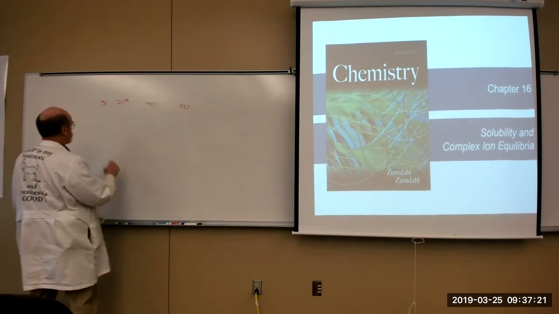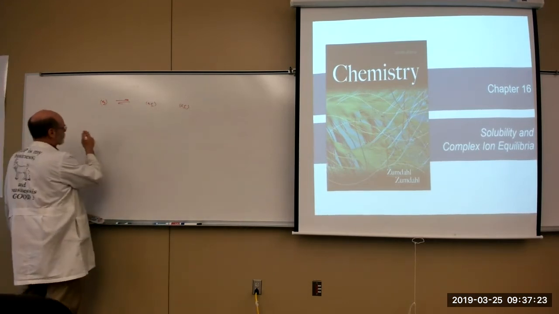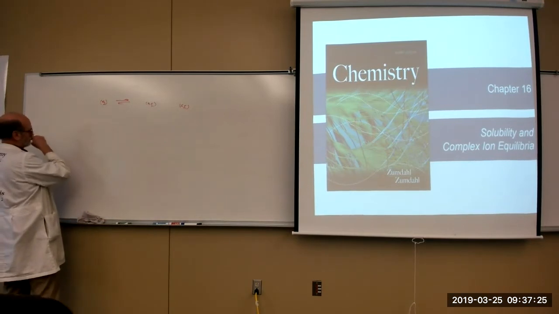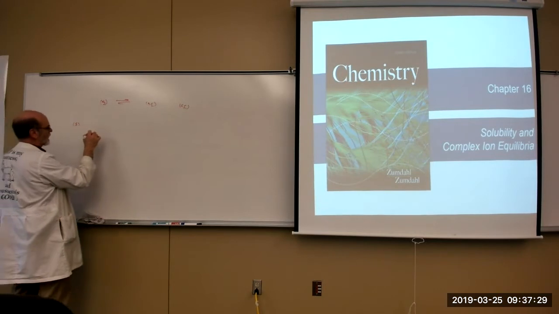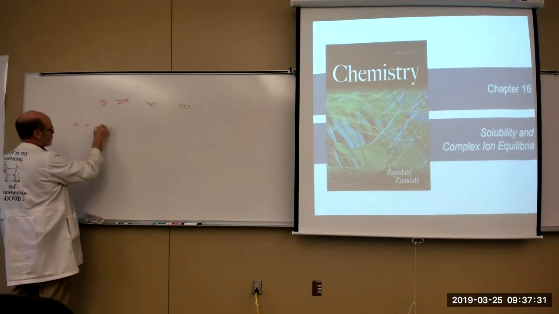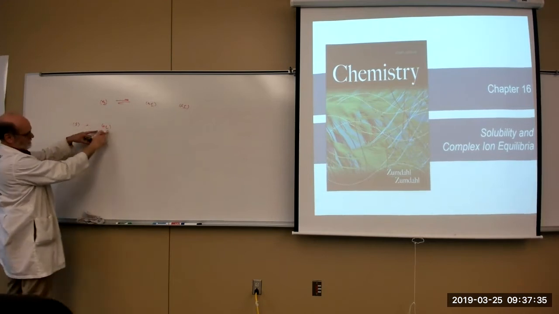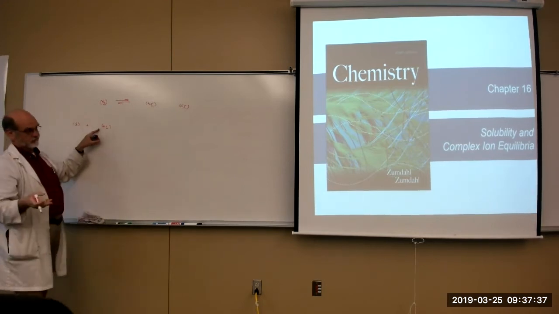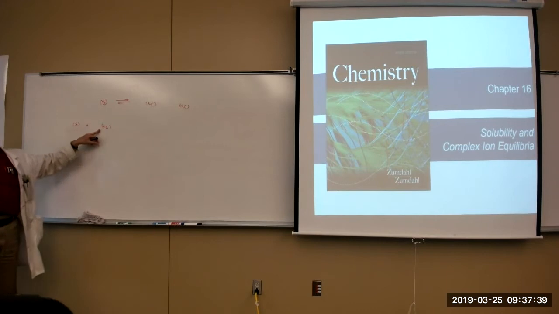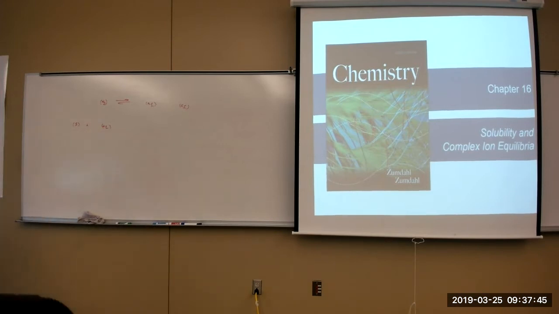Whereas with complex ions, you start off with a solid and you associate it with some ligand that you can find in this nomenclature.